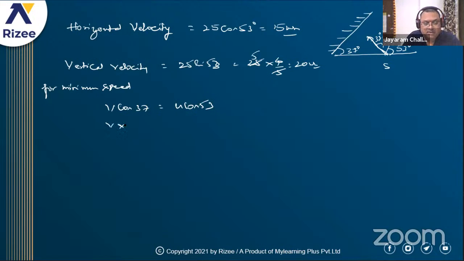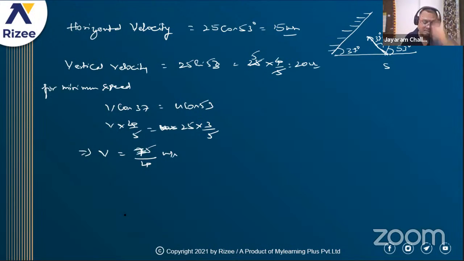In the sense, v into 4 by 5 is equal to u into cos 53, which is 25 into 3 by 5. So from this we get the velocity of the image as v is equal to 75 by 4 meters per second.